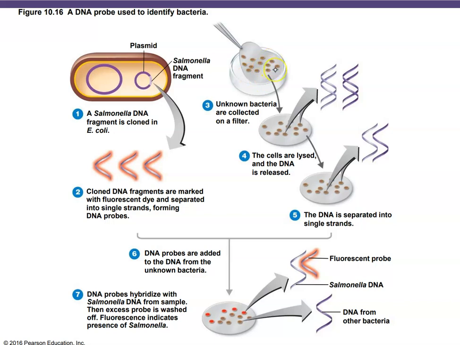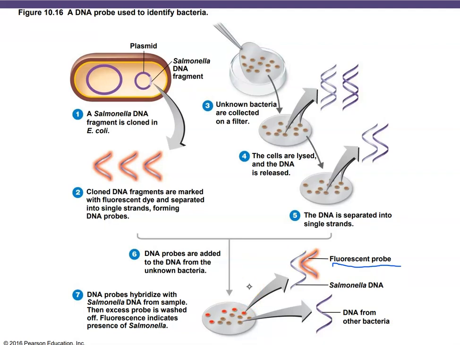You will then have to break open these cells so that the DNA of the organism is exposed, and then you're coming in with a labeled probe. So you will come in with a DNA of known sequence that has either a radioactive label or fluorescent label, and here they have the fluorescent probe right here, and if it finds its match on the nitrocellulose, then it will get stuck there by hybridization.